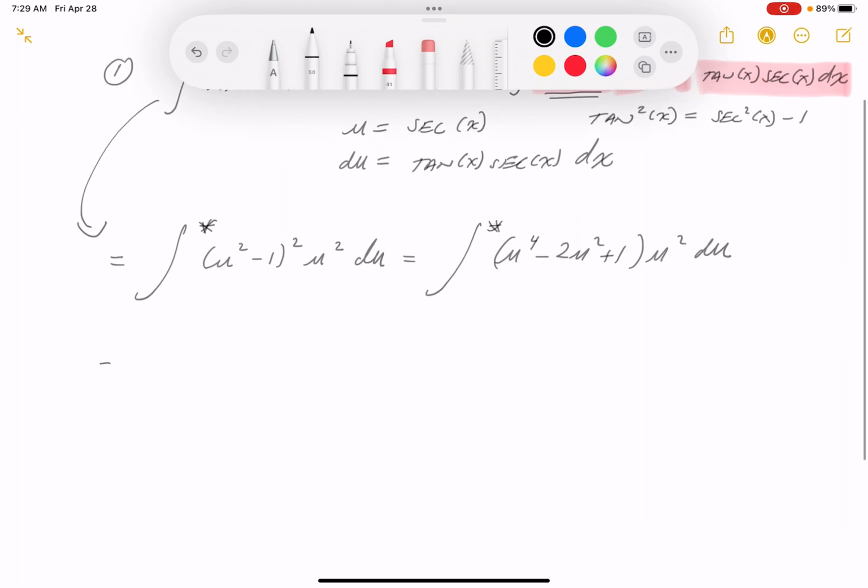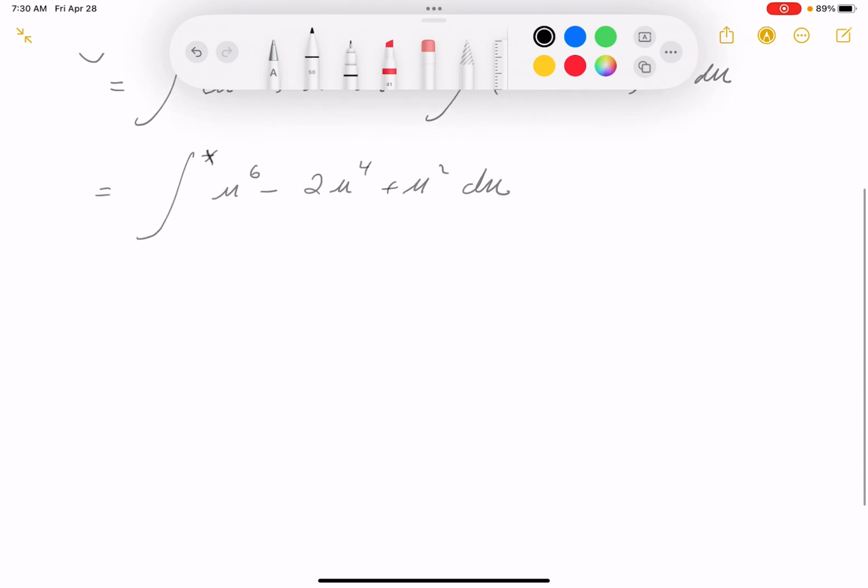Keep moving through it. And what do you get there? You get u^6 minus 2u^4 plus u squared du. Let's keep moving. I can integrate now. You get u^7 over 7 minus 2u^5 over 5 plus u cubed over 3 plus some constant of integration.